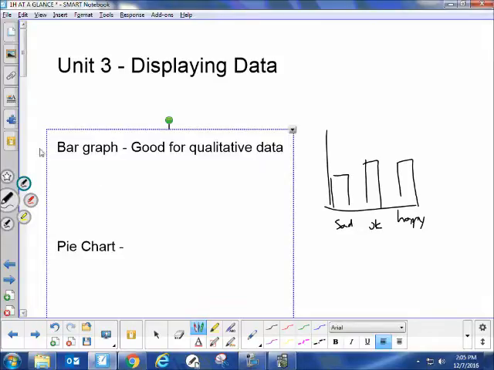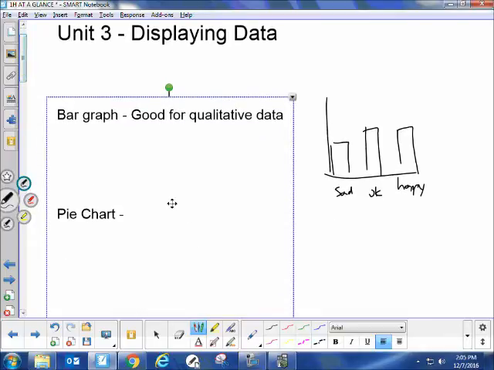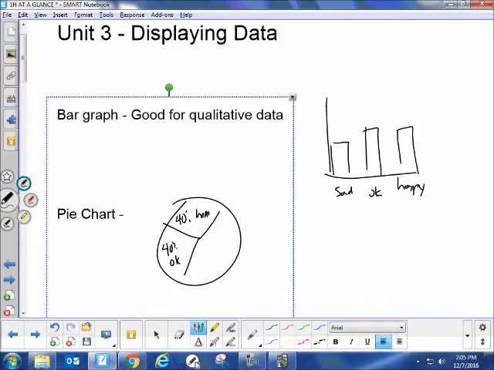Okay, that's a perfect bar graph. Now, instead of a bar graph, we could have also done a pie chart, also good for qualitative data. The key thing for a pie chart is that you have to make sure that they add up to 100%. Let's see, 40% said that they were happy, 40% said that they were okay, and 20% said that they were sad.